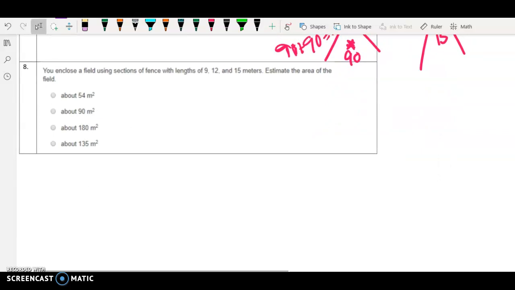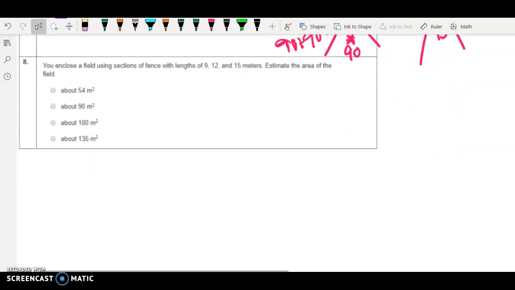All right, so number 8. This is the last one on your study guide. So you enclose a fence by sectioning a fence with lengths of 9, 12, and 15. So it looks like it's going to be a triangle. If it's enclosed, that means that it's a closed shape. And so if one side is 9, the other side is 12, and the other side is 15, then that means it's a triangle.